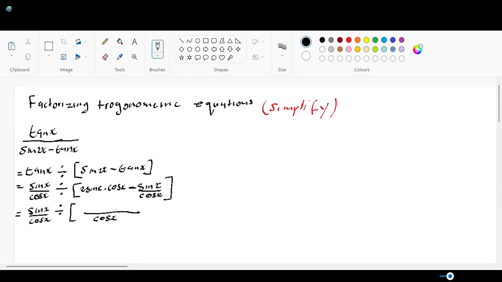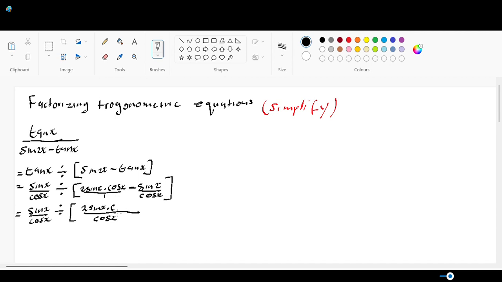So if you say cos x divided by 1, it's going to give us cos x multiplied by 2 sine x cos x. So we're going to have 2 sine x, and because we have cos here, this cos is going to be squared because of the multiplication there.